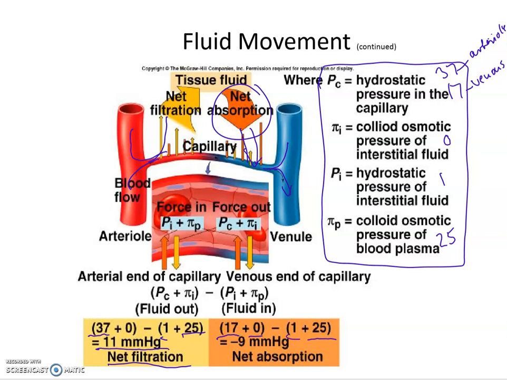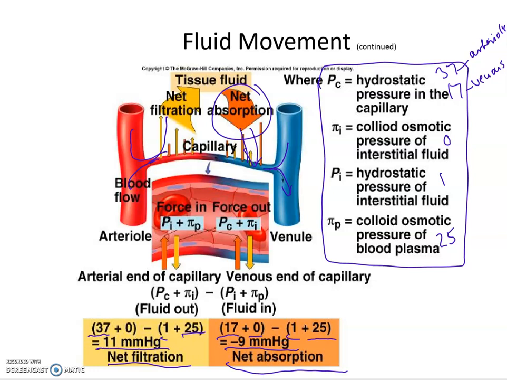If you're adding all of these numbers up, you will find that now our net pressure is minus 9 millimeters of mercury. That means we're sucking fluids back into this capillary. So we have a net absorption of minus 9 millimeters of mercury. Now 11 minus 9 is 2, and there are your 2 millimeters of mercury that are basically lost.